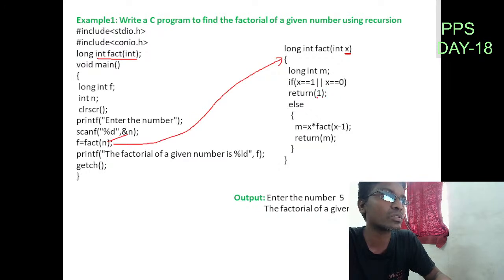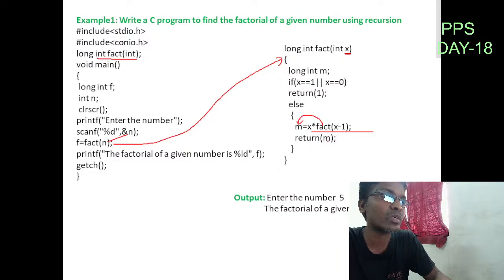Suppose the n value is 5, then it checks n equal to 1 and n equal to 0, and otherwise, if n is greater than 1, it goes to the else block, where x is n into fact of n minus 1. The entire result will be stored in the m variable, and that value will be returned.